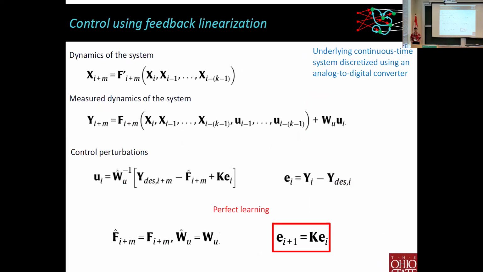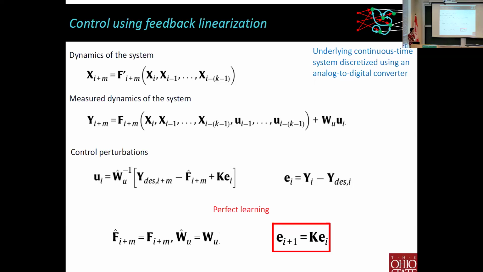Okay. So just a tiny bit of math of how this works. So we're assuming that the underlying nonlinear dynamics of the system is described by some kind of mapping. This would be a flow that takes us from the current state of the system into the future. This flow could depend on other past states too.